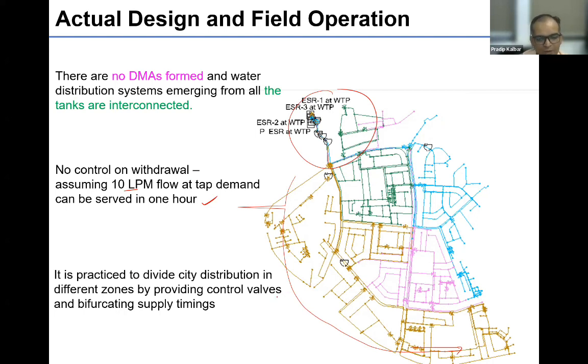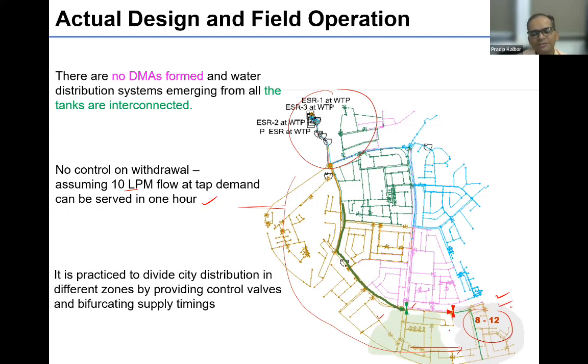So how are we operating our cities then? Typically, operators create small zones and open one valve, supplying for 30 minutes here, closing that valve, and then opening another valve. So part of the distribution gets very high head loss because now you are trying to push a 24-hour demand in 1 hour or 30 minutes.